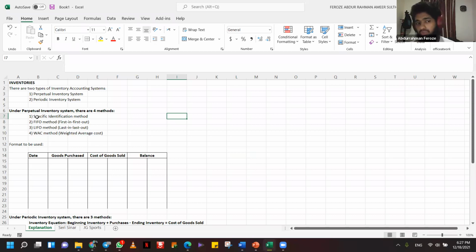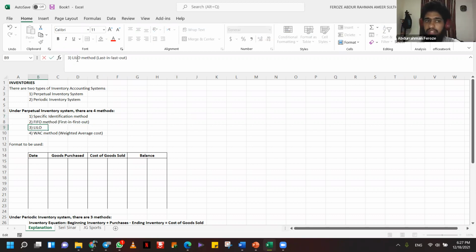The second one is the FIFO method, which is first in, first out. The inventory that you purchased first is the first one that is sold as well in accounting. Once again, we will go through it. I think you already understand the general idea of first in, first out and last in, first out. Last in, first out is the opposite.